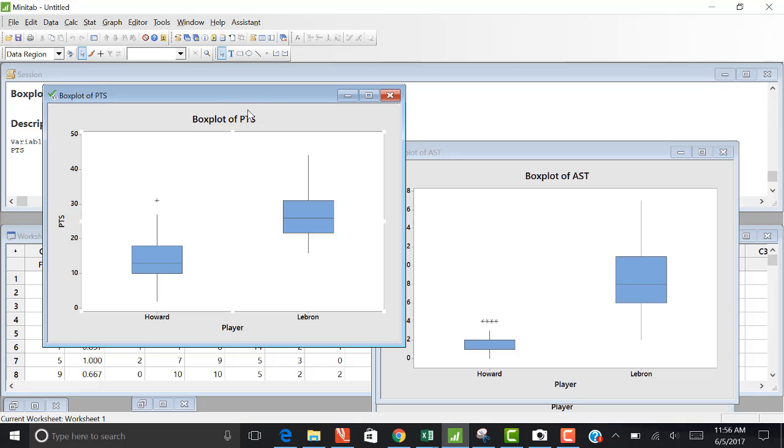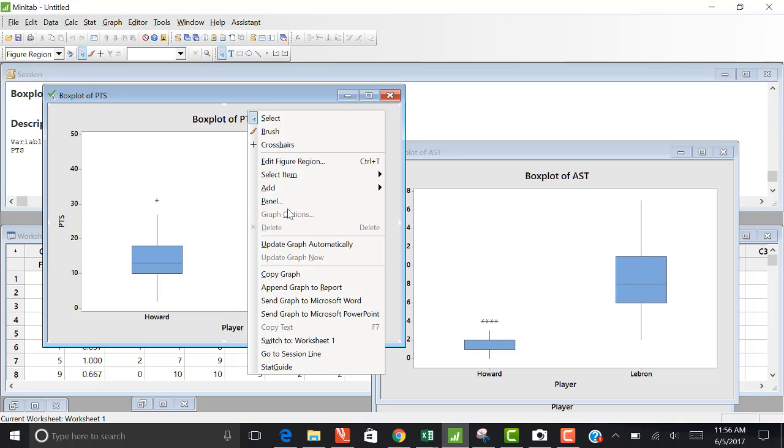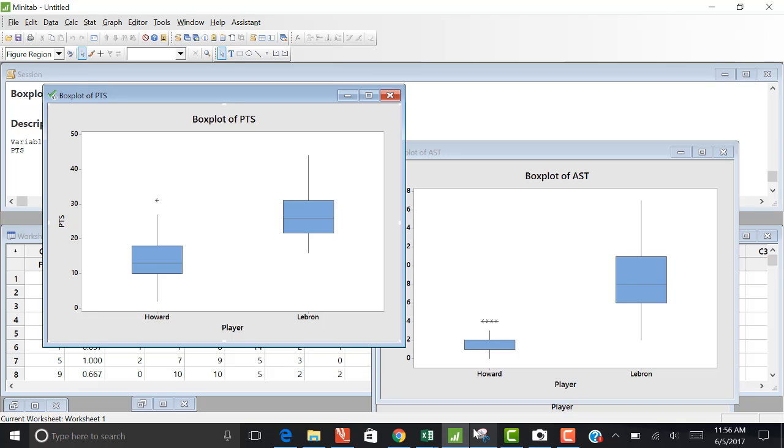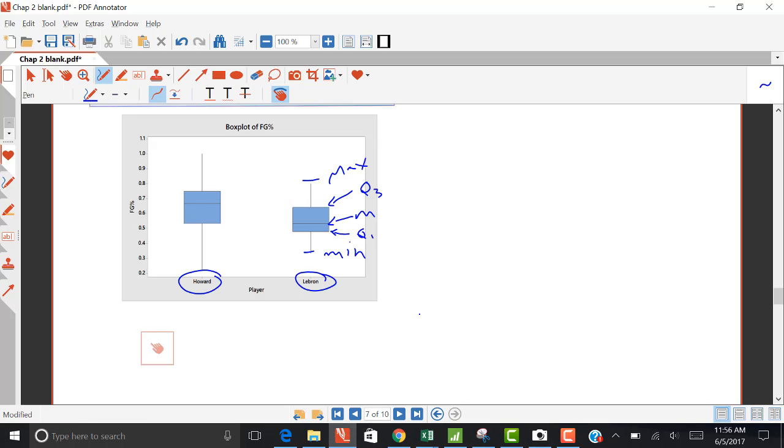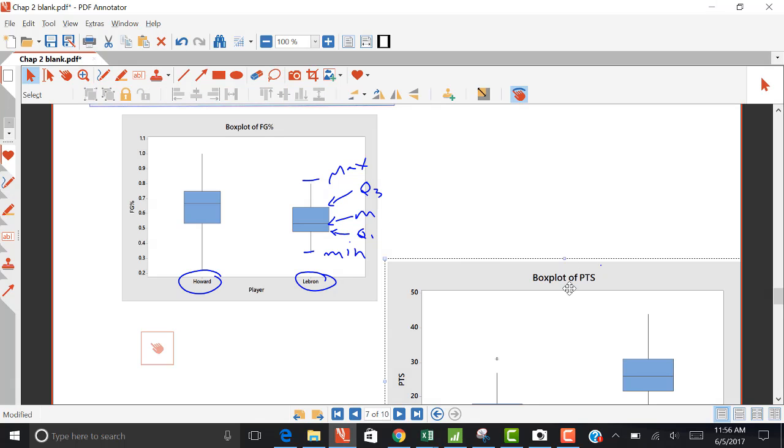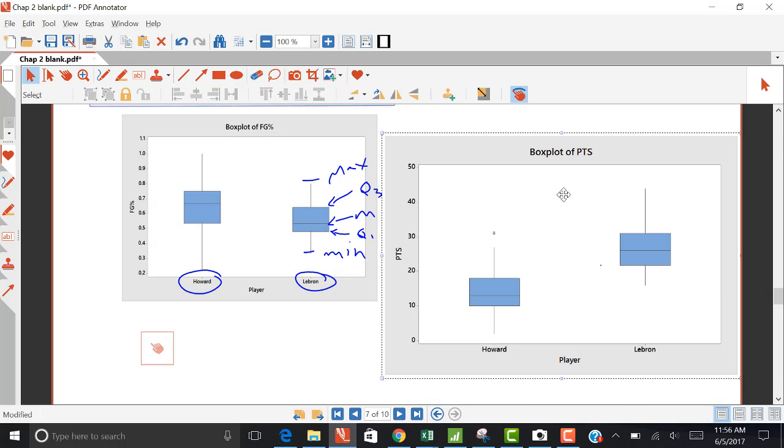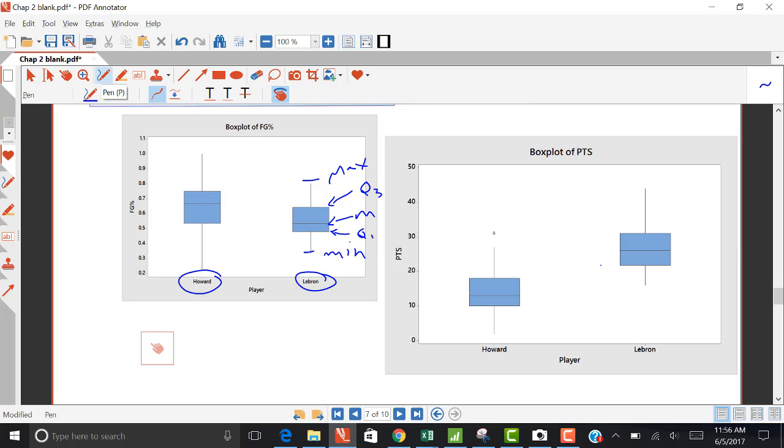Quick note, let me copy this and bring it over to our notes. There we go. So here's a box plot of points. Now, one thing that I want you to think about is this outlier value. What that means is it's pretty extreme in relationship to the others.